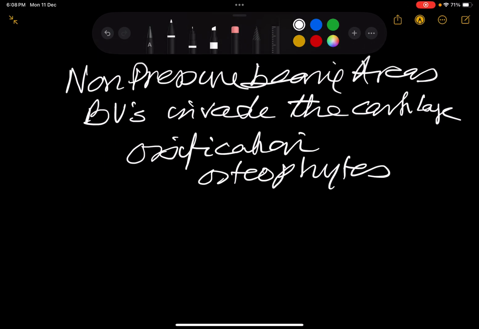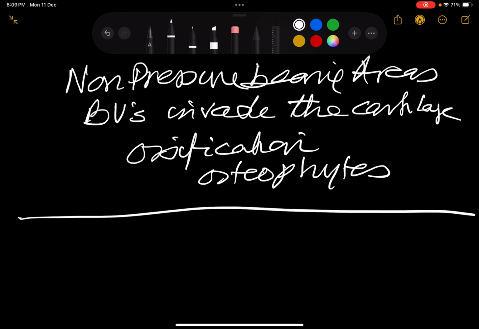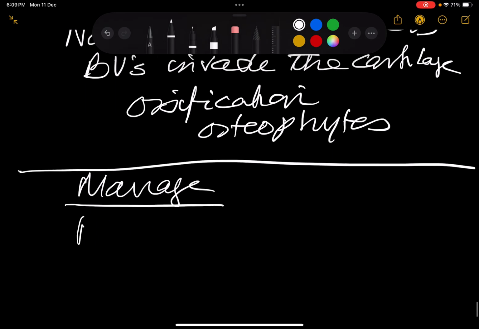So this, in short, is the pathogenesis of osteoarthritis. You will basically manage it by preventing.